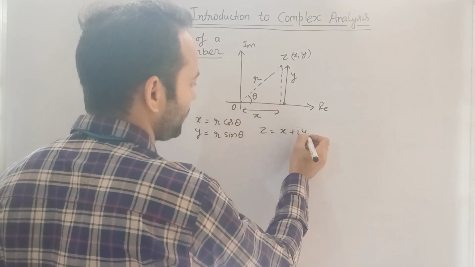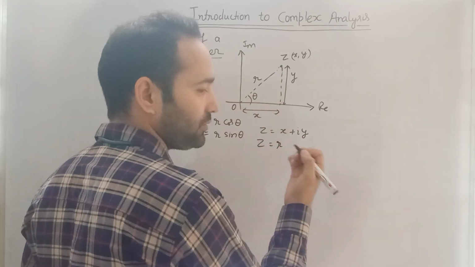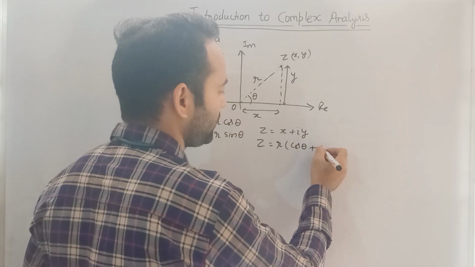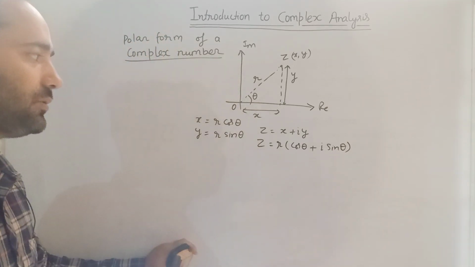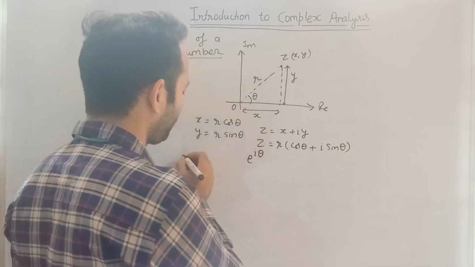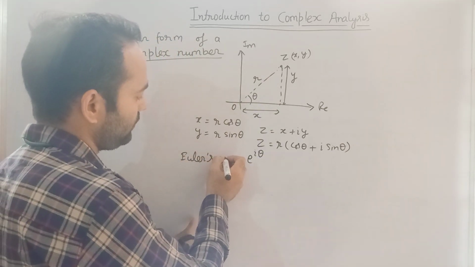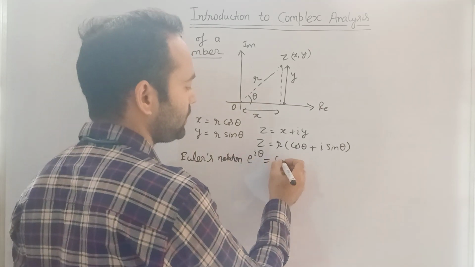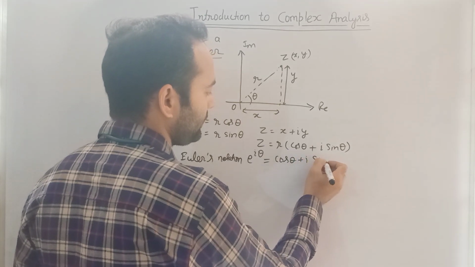Now you understand z is what? x plus iy, right? So z is equal to what? I'm just going to fast forward it. I'll take r common: r times cos theta plus i sin theta, right? So there is something called Euler's notation. According to Euler's notation, e to the power i theta is what? cos theta plus i sin theta.